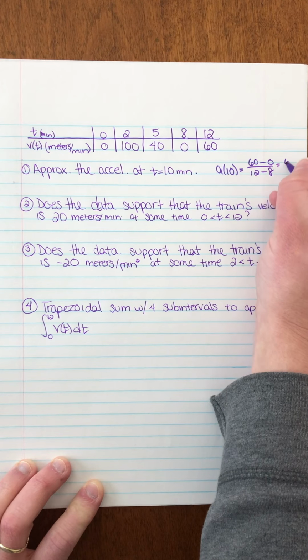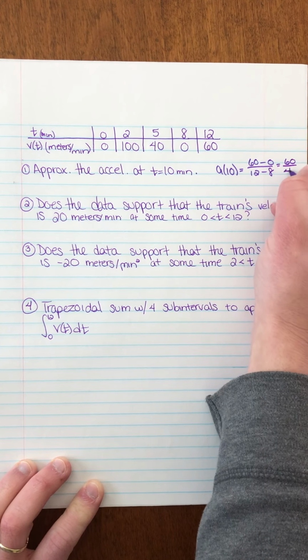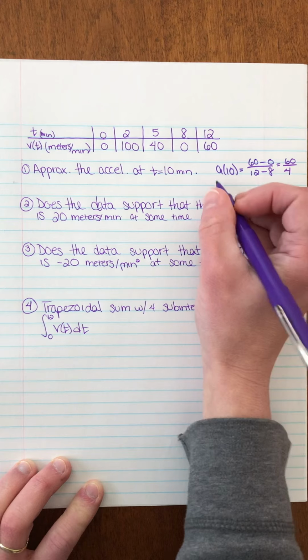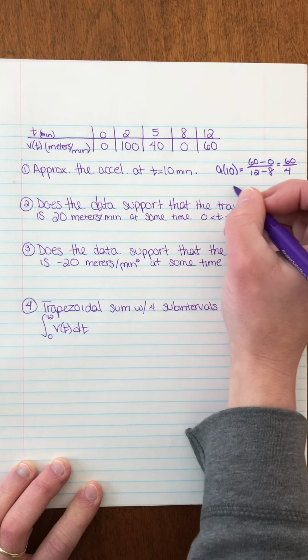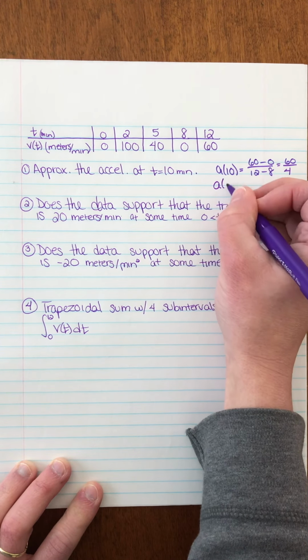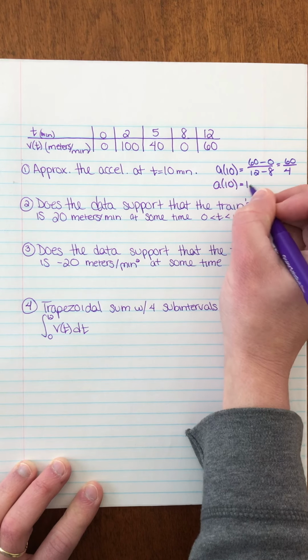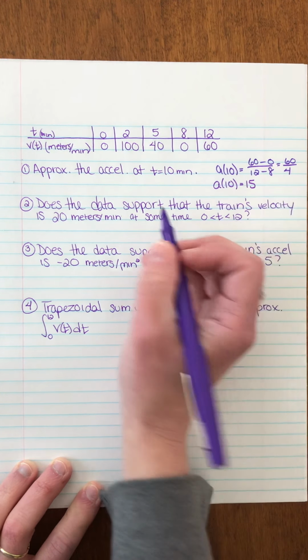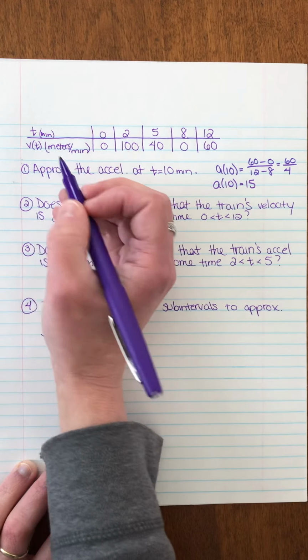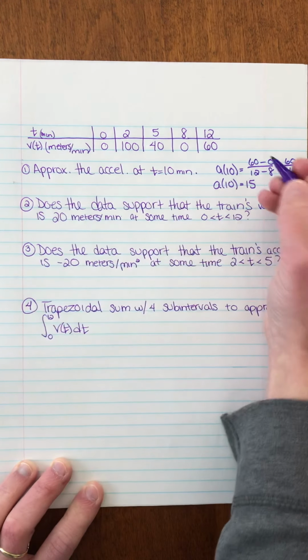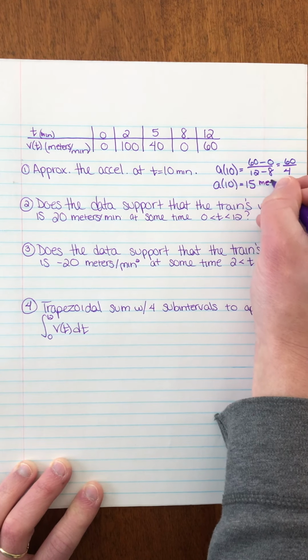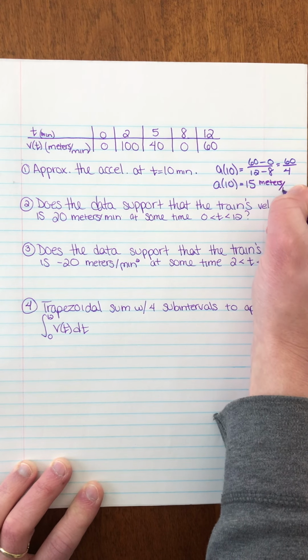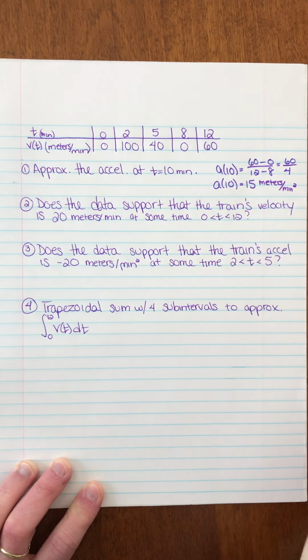So we get 60 over 4, so a of 10 equals 15. And then we want the units, so meters per minute divided by minutes is meters per minute squared.